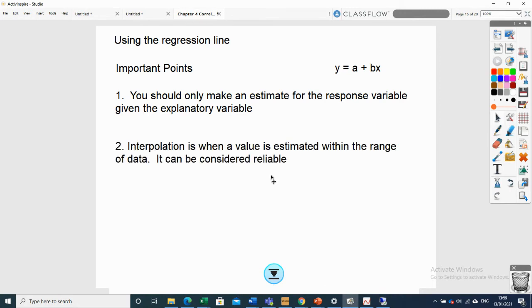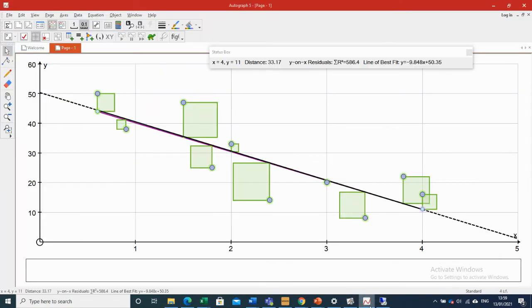Important point number 2. So interpolation. Interpolation is when the value is estimated within the range of the data. So if we go back to that previous line that we did, if we were to use an x value between here and here, so the range of the data, from about 0.6 up to 4, and we were to use that value and work out the value of y from there, then that would be called interpolation.